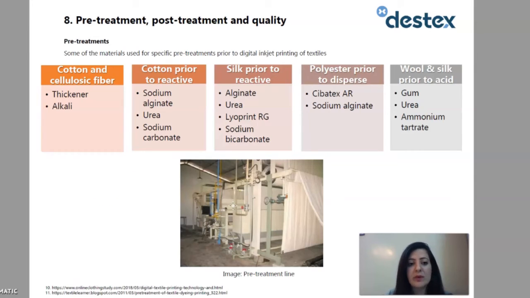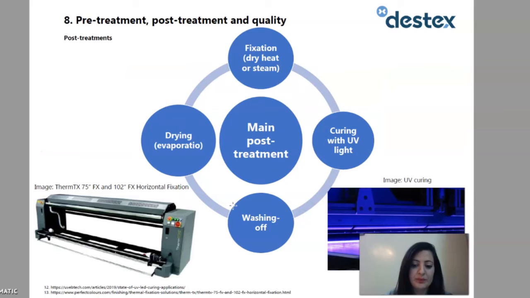These pre-treatments can be conducted according, of course, to each fiber type and the fabric structure each time. As for the post-treatment after the digital printing is conducted, we have many types of fixing or curing or washing off, also to fix the ink and to take away any unfixed parts.